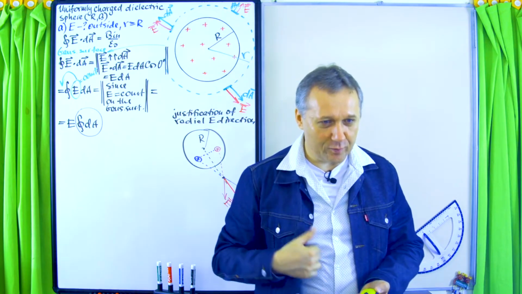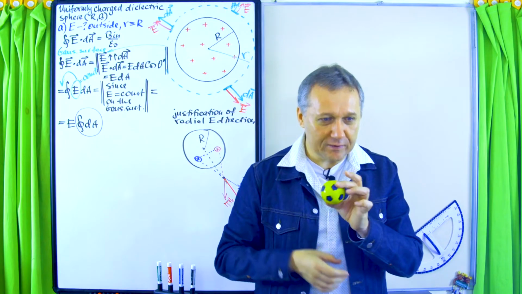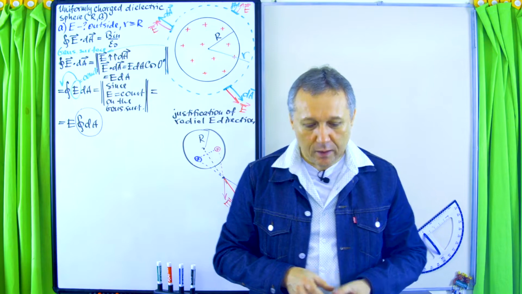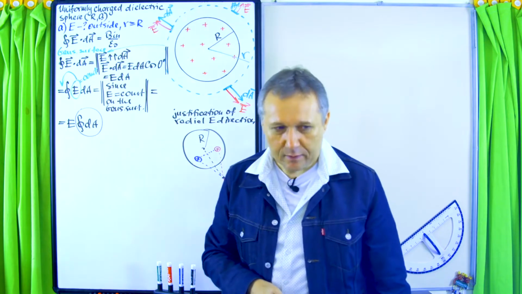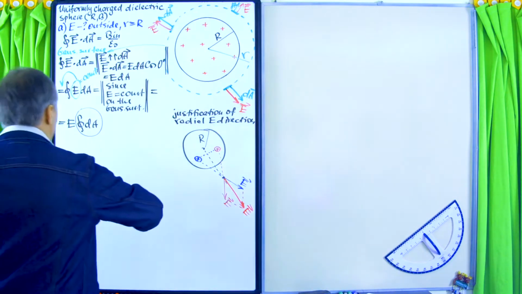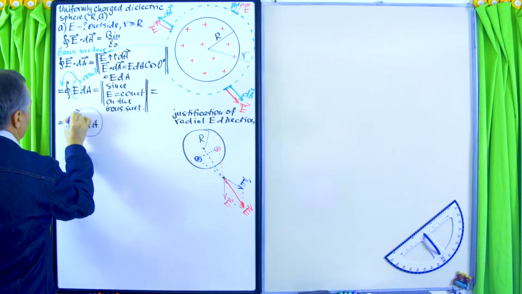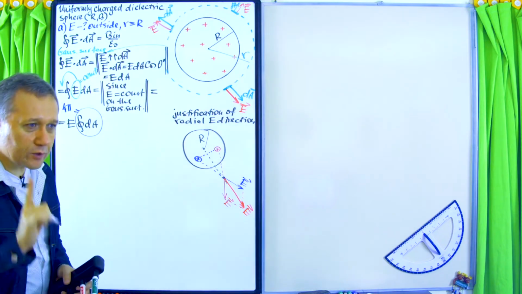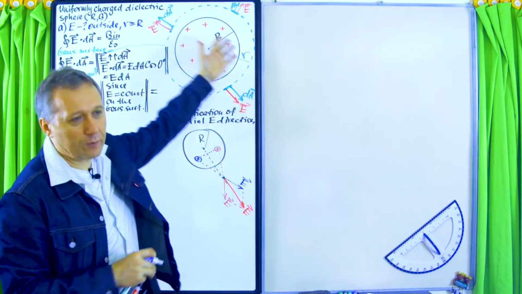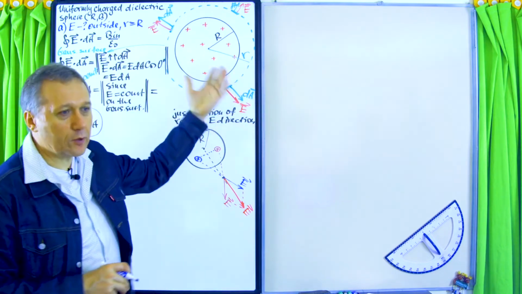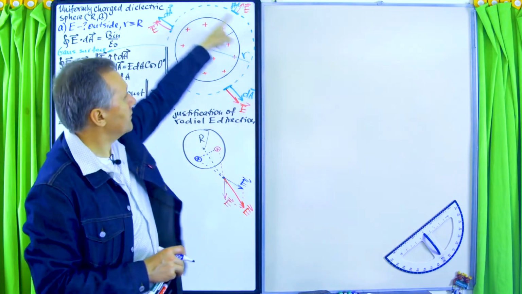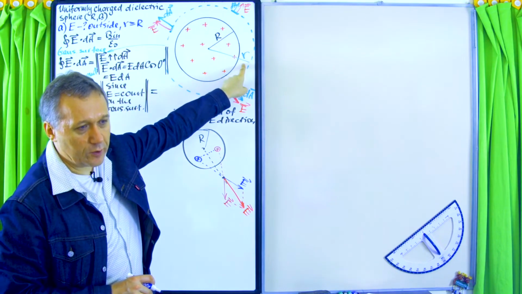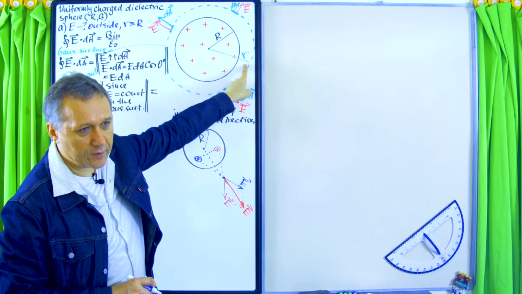So what's the answer? We all know from high school the area of a sphere: 4 pi r squared. Guys, I'm telling you, there are lots of mistakes on the exam at this point. Let me write that down. So this will be equal to 4 pi, and careful, r small squared, because lots of students just pick whatever radius they see, r capital. No. We are on the Gaussian surface in this integral, so we need to use the radius of the Gaussian surface, r small.